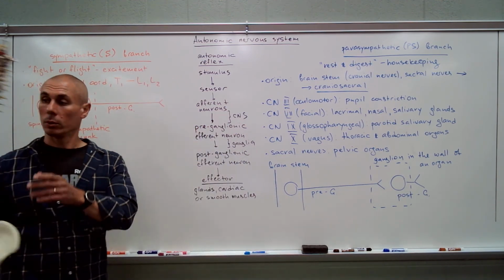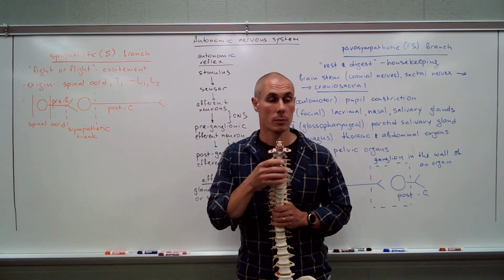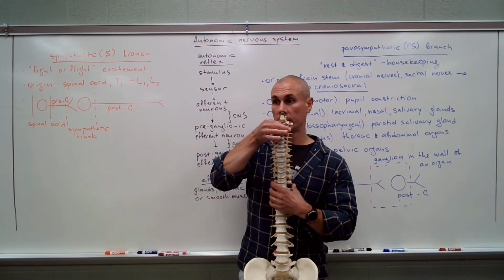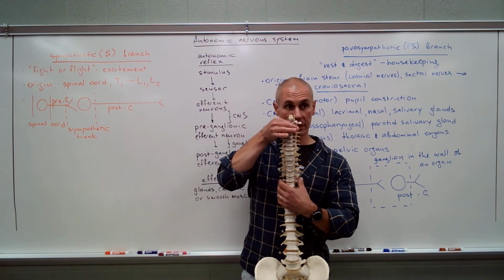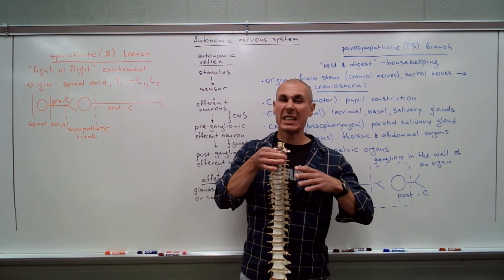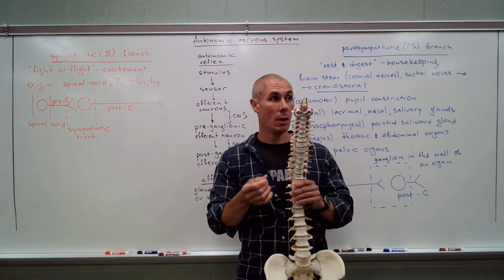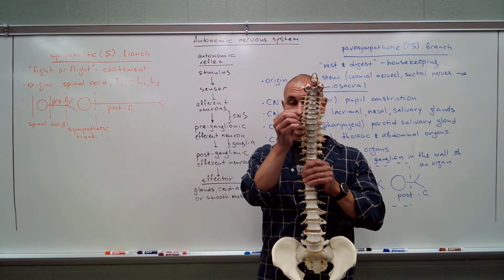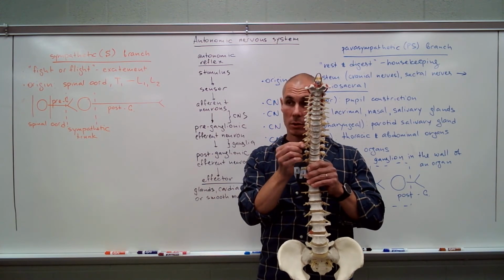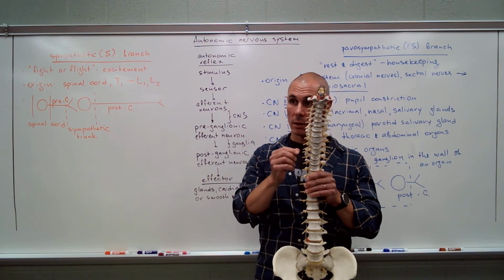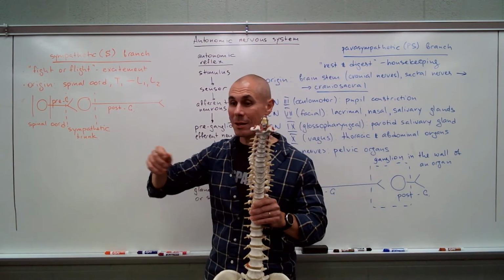So, look at this model that I have in my hands. You see the vertebral column, right? You see the spinal nerves extending from it. Imagine, we don't have it on the model unfortunately, but imagine that there is a chain of ganglia that goes along the vertebral column. Now you're following me. This is the sympathetic trunk.